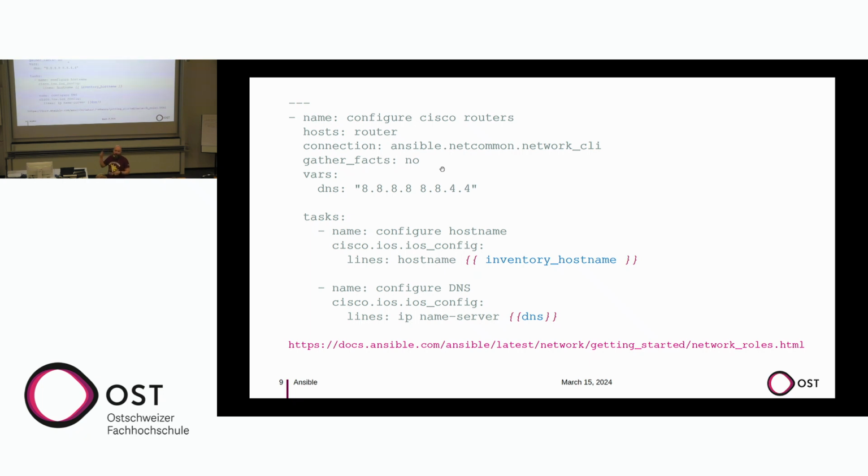Idempotent. Is this one? It's not. Because it's kind of, well, maybe it is, but not really how I would do it. Because if we run it 10 times, we will 10 times get the same result. Hostname will be configured, and the name servers are configured. But the point is, it will do it every time.